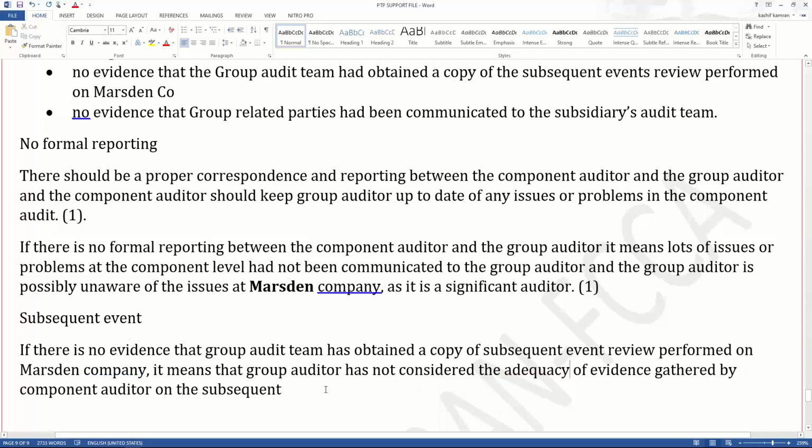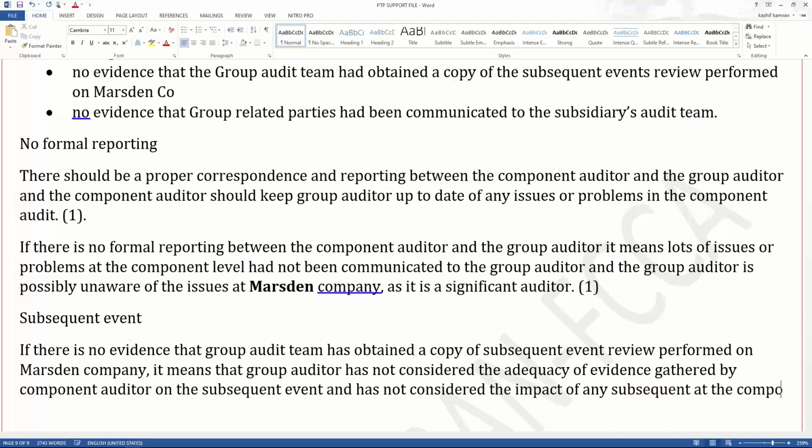It means that the group auditor has not considered the adequacy of evidence gathered by the component auditor on subsequent events and has not considered the impact of any subsequent event at the component level on the group consolidated financial statements.